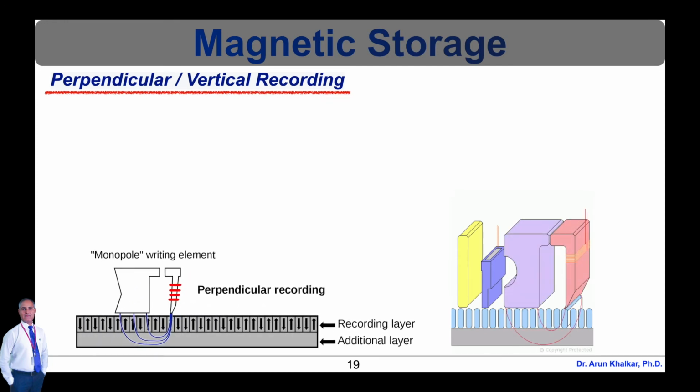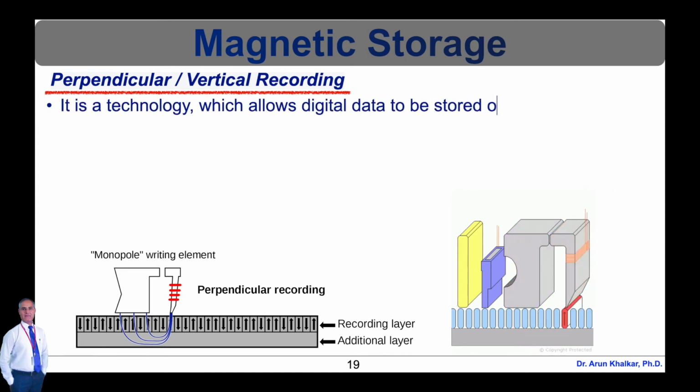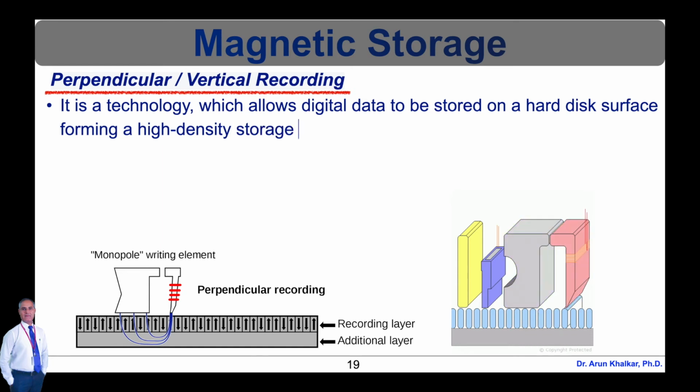Perpendicular recording, also known as vertical recording or PMR, perpendicular magnetic recording, is a technology which allows digital data to be stored on a hard disk surface, forming a high-density storage device. Professor Shunichi Iwasaki at the Research Institute of Electrical Communications, Tohoku University, Japan, first proved this technology advantageous for magnetic recording.